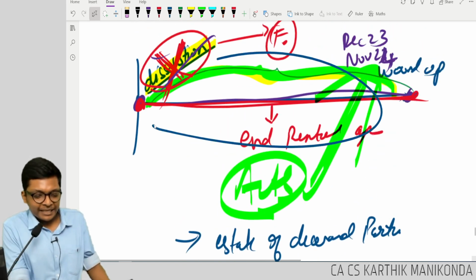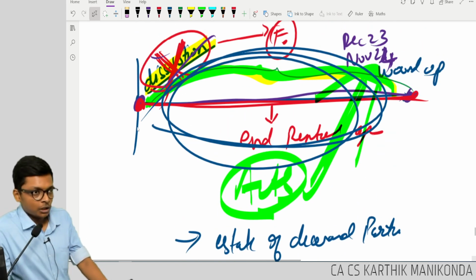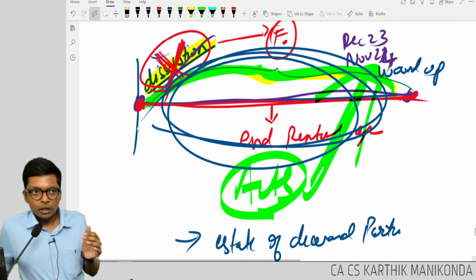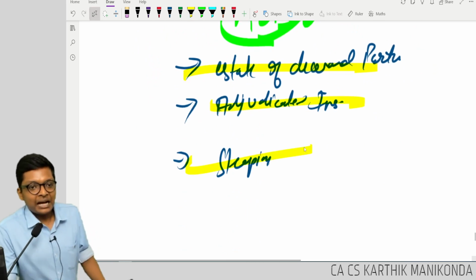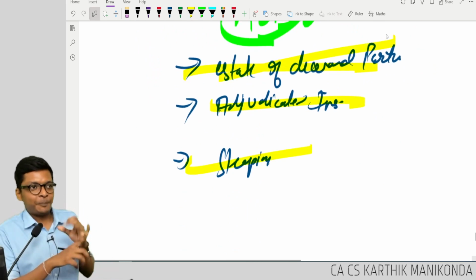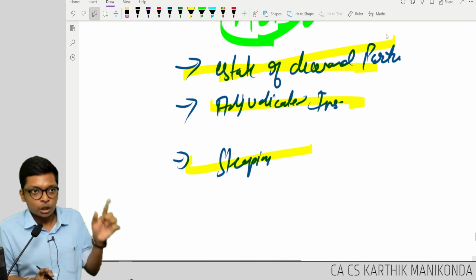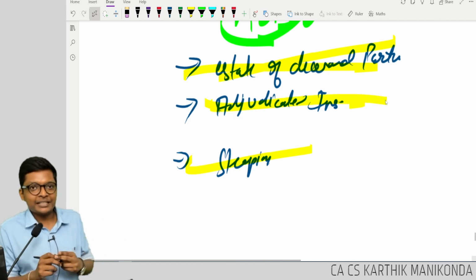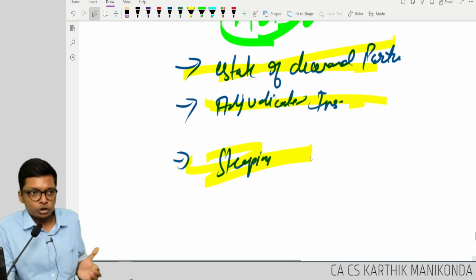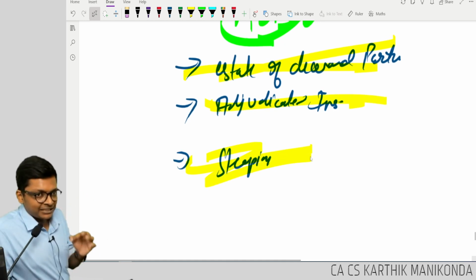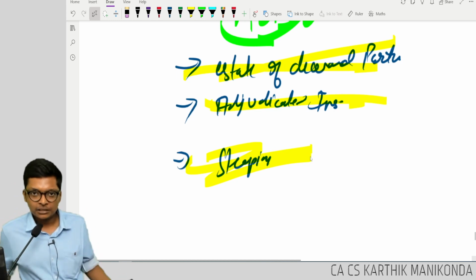During this period of dissolution, whatever liability has to be paid, only the existing partners will pay. The estate of the deceased partner is not liable for acts done during this period. The adjudicated insolvent partner is not liable for acts done in this period. The sleeping partner also is not liable for acts done in this period. Are you following, guys? Clear?